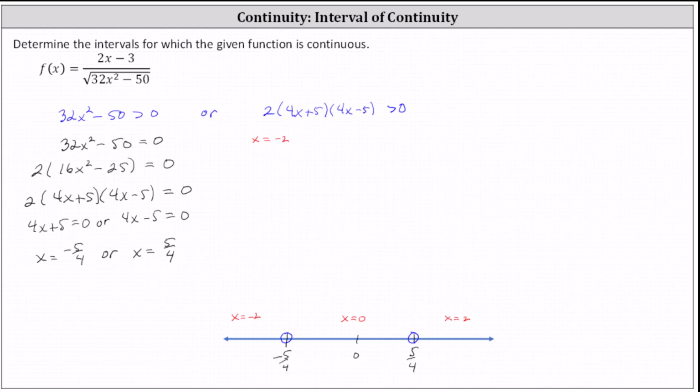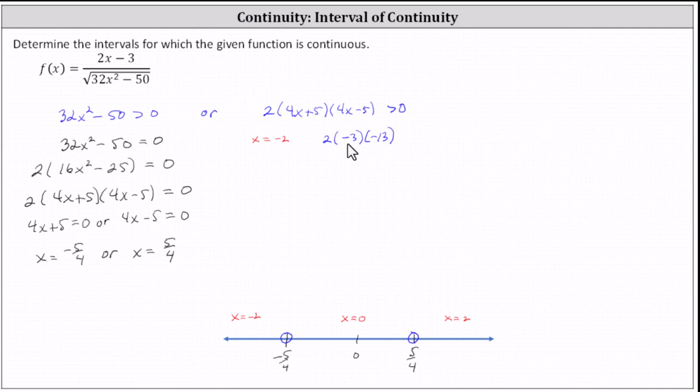So we'll go ahead and test x equals negative 2 first. When x equals negative 2 on the left, we have 2 times, when x is negative 2, 4 times negative 2 is negative 8. Negative 8 plus 5 is negative 3. And then for the factor of 4x minus 5, when x equals negative 2, we have 4 times negative 2 minus 5, which is negative 13.